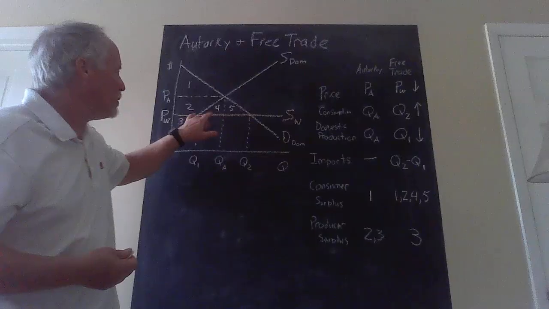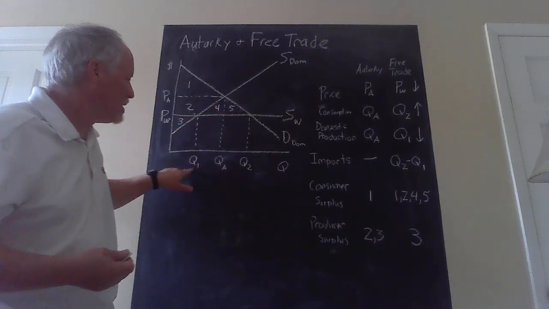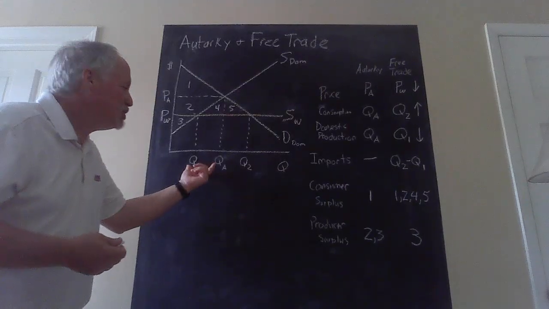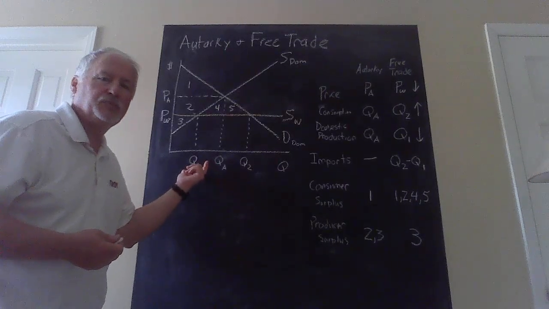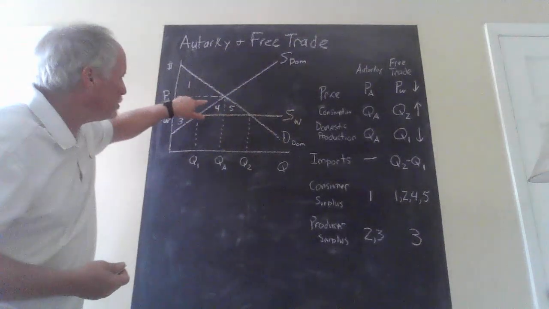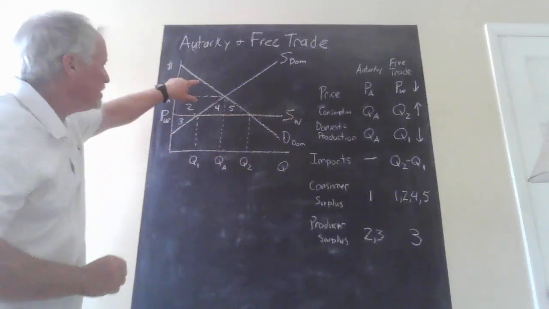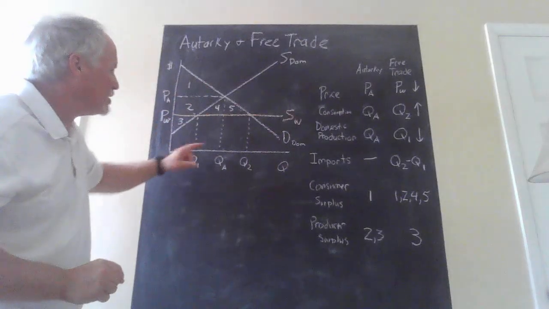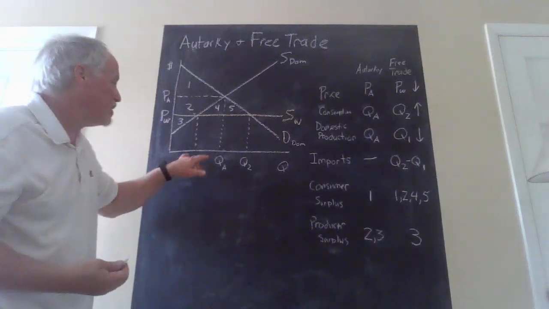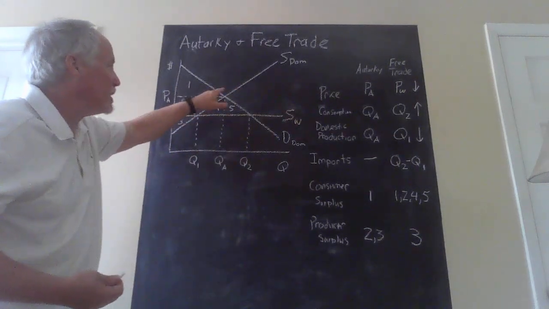If you want to think about it a little bit more, we can see that area 4 is some surplus on the units between Q1 and QA. These units were being consumed and produced, and they were generating some consumer and producer surplus. What happens is we end up with more surplus being generated on these units. Why is that? Because they're no longer produced by domestic firms.